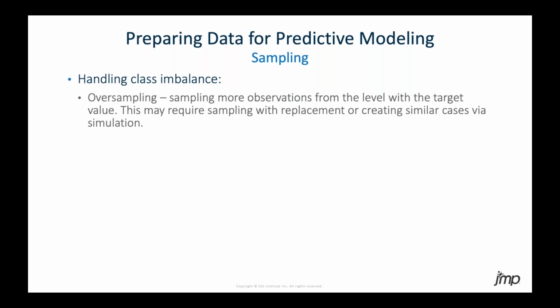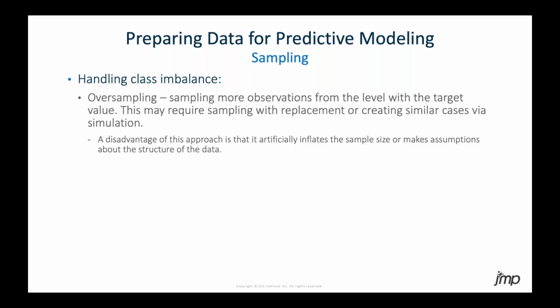I would somehow generate 90,000 more responders, donators. The obvious disadvantage is that it artificially inflates the sample size or makes assumptions about the structure of the data. Plus, you need to come up with a technique to do the sampling if you want to use something other than sampling with replacement. So it's a little bit more complex to implement.